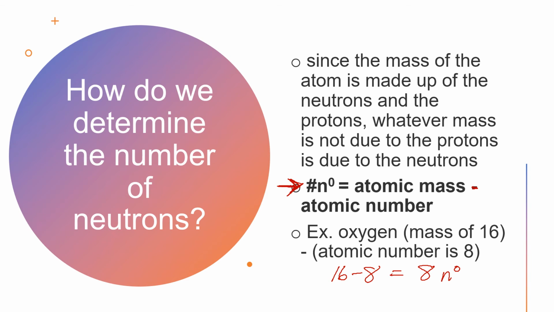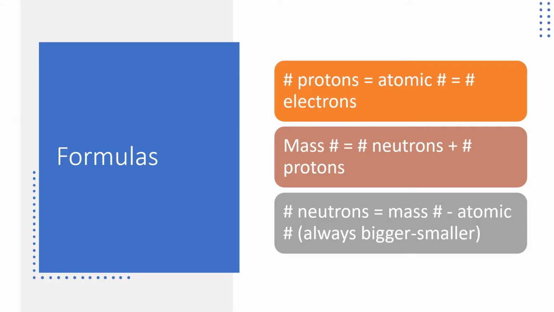Okay, so a quick overview here of some important formulas and points that you do need to know. So don't be scared to star this as important information. The number of protons can be figured out by using the atomic number, and that atomic number also tells us the number of electrons, right? So protons equals the atomic number, and that also equals the number of electrons.